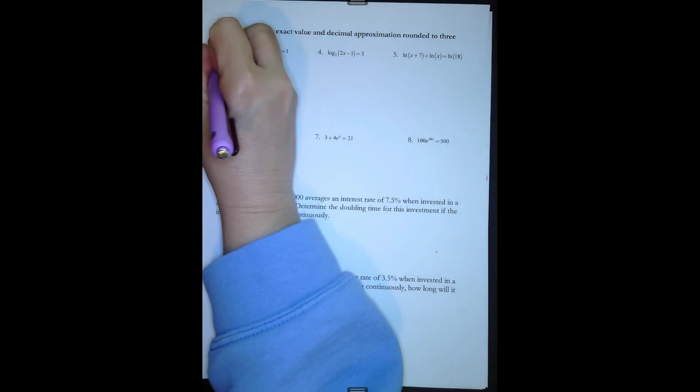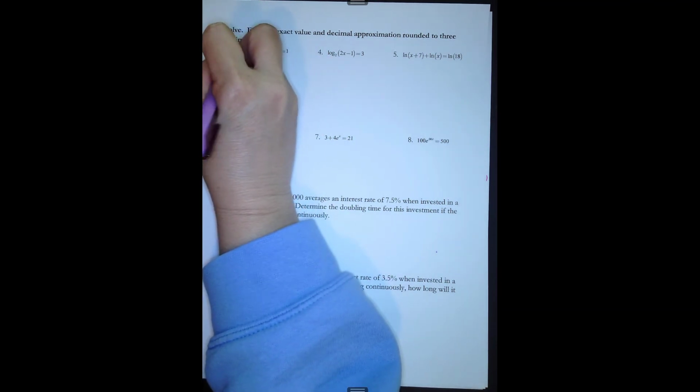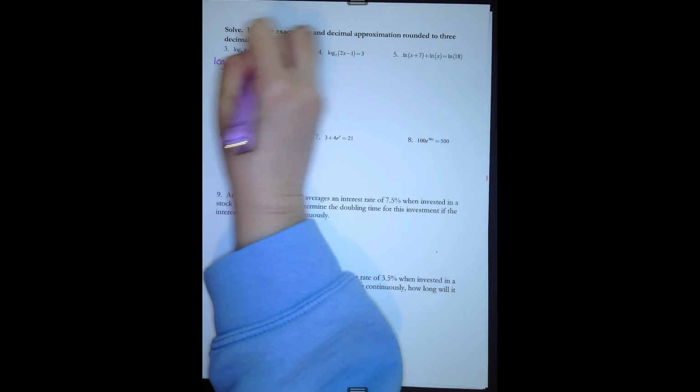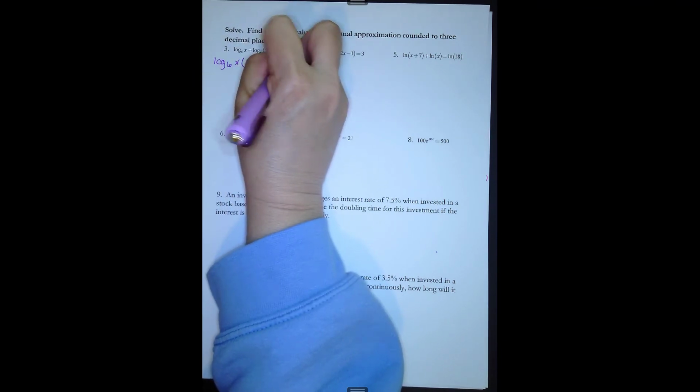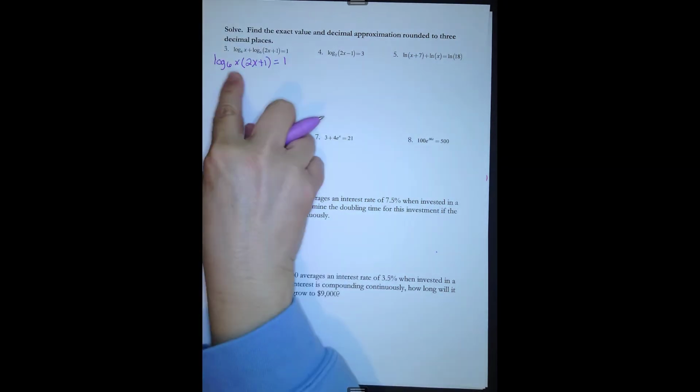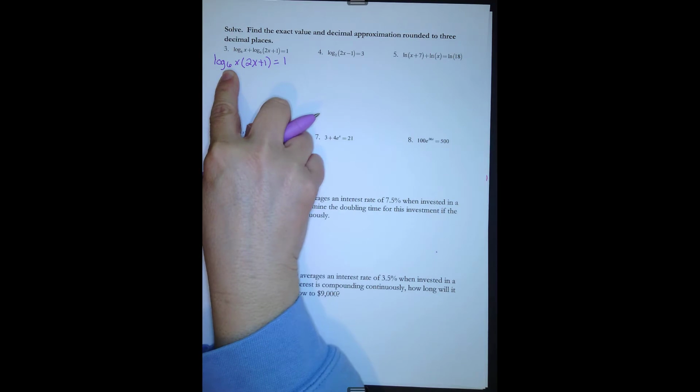So we are going to go ahead and condense this down. Our first step is to rewrite this as log base 6 of x times 2x plus 1 equals 1. And now that this is condensed down, we're going to rewrite this as an exponential equation. What is our base with our log? It is 6.